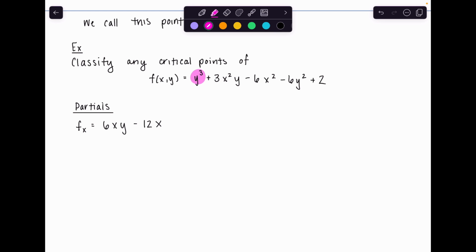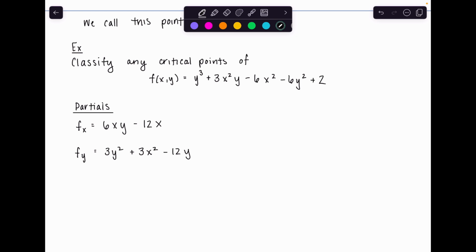Then when we go to take the derivative with respect to y, we've got 3 components. So the partial with respect to y is going to be 3y squared plus 3x squared minus 12y. So we've got our first partials.